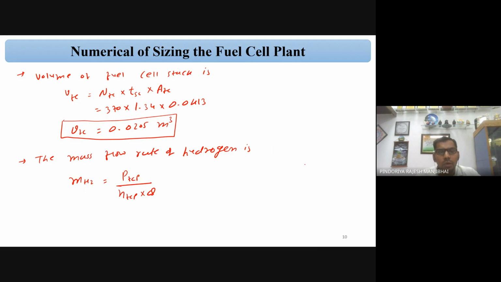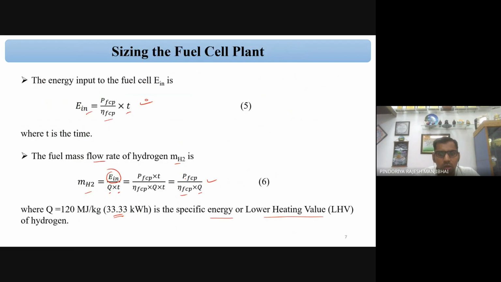So mass flow rate of the hydrogen is the fuel cell power plant divided by the efficiency of the fuel cell plant into Q. Q is a constant, nothing but the lower heating value, which is 33.33 kilowatt hours.